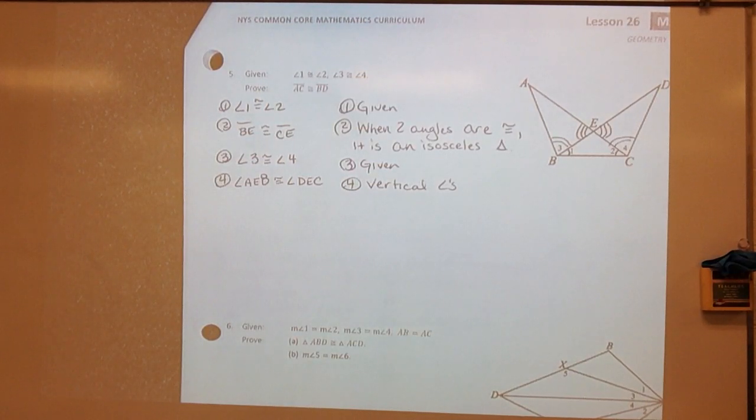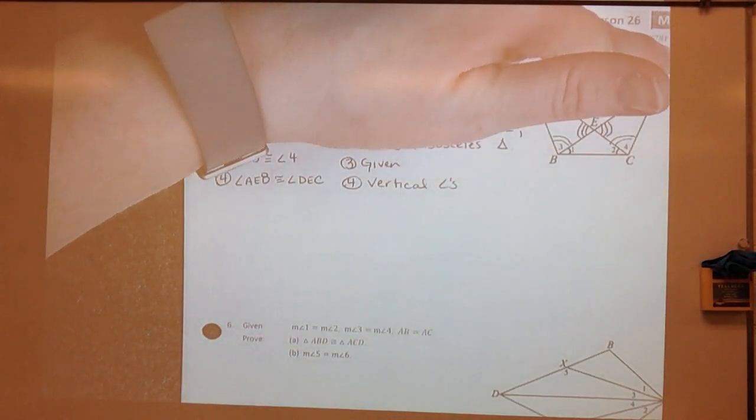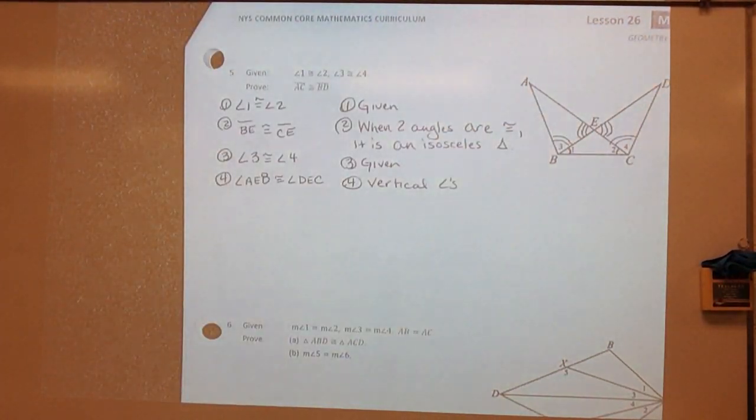Remember, our goal is AC is equal to BD. So we've got that long one. Now let's look at this for just a second. Can I prove any of my triangles congruent yet?